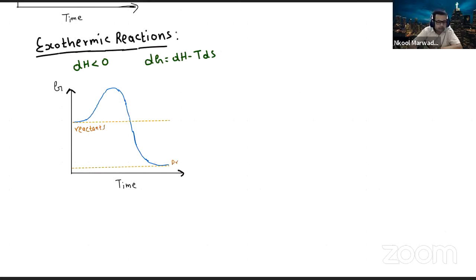And interestingly, the delta G will be negative by default because energy is falling. That's negative. This is clear.